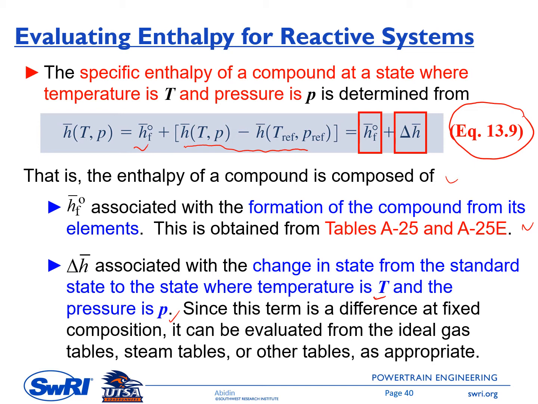Okay, so it depends on the species. If the species is available in table A-23, then you can use that table. Otherwise, you might need to use a different table.